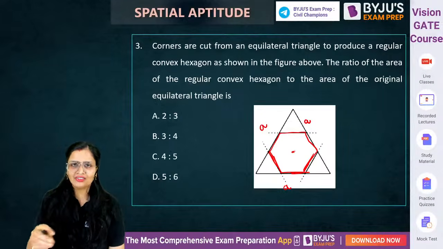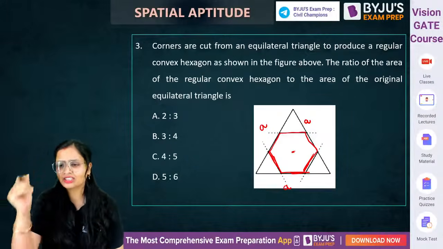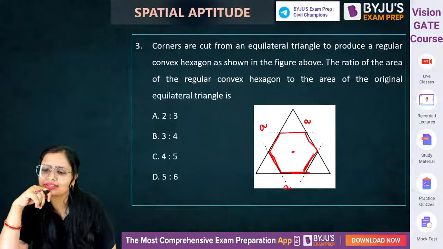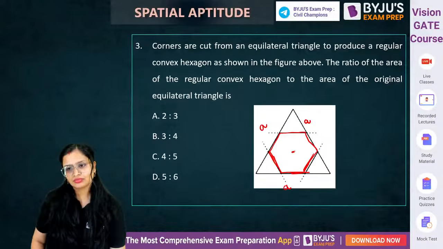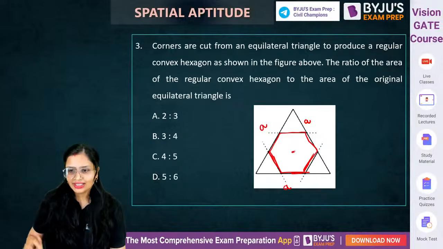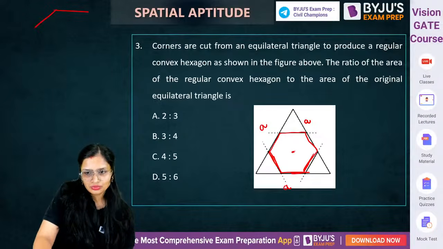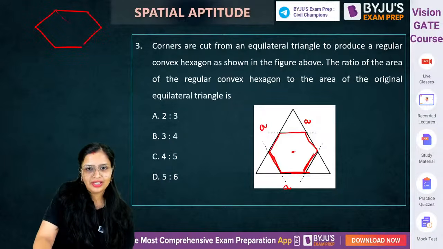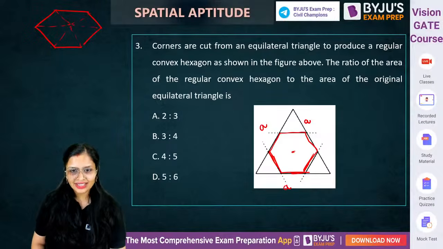I want to represent it in terms of triangles. Common sense. Come on, guys, be quick. This is a hexagon with 6 sides. So how many triangles will be formed? 6. Yes.